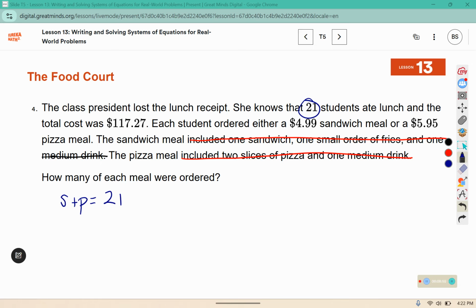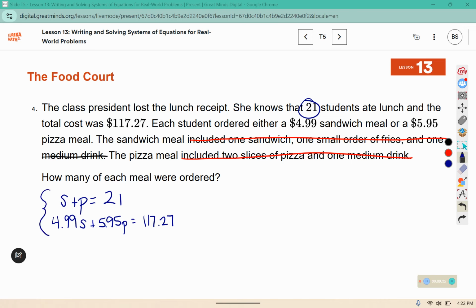If I change this equation into P, the pizza meals, is 21 minus the sandwich meals, I could use a substitution method here. This is going to replace P in the equation.